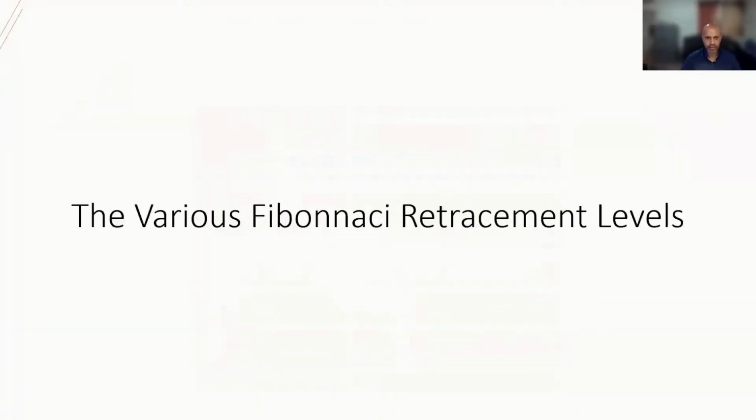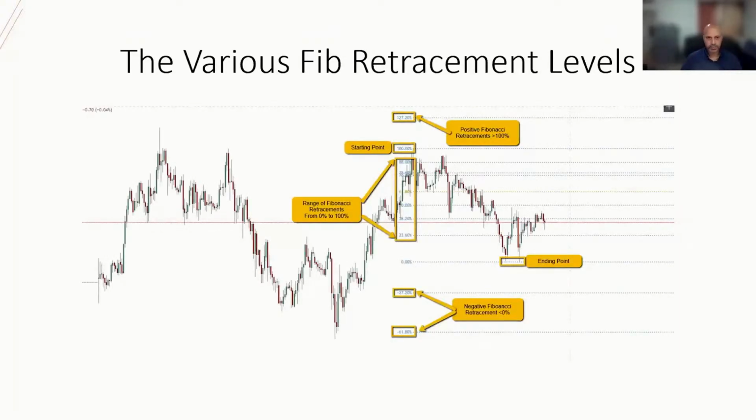All right, with that, now we're going to look at the various Fibonacci retracement levels. For those of you who may be aware of or have used the Fibonacci retracement tool before, we know that this goes from 0 to 100%. As described in this image, you can see that the retracement levels run from 0% to 100%.